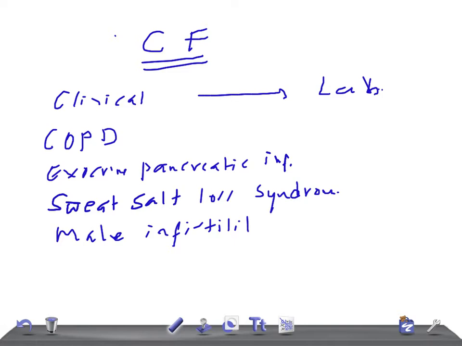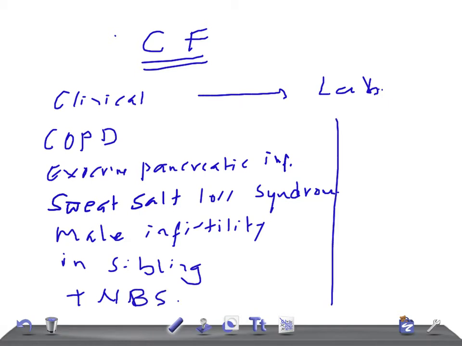So if these signs and symptoms of COPD, exocrine pancreatic insufficiency, sweat salt loss syndrome, or male infertility are present, or cystic fibrosis in a sibling, or a positive newborn screen, NBS. So in the family, sibling, you can write, or a positive newborn screen. Okay, so this is what you call the clinical criteria for cystic fibrosis.